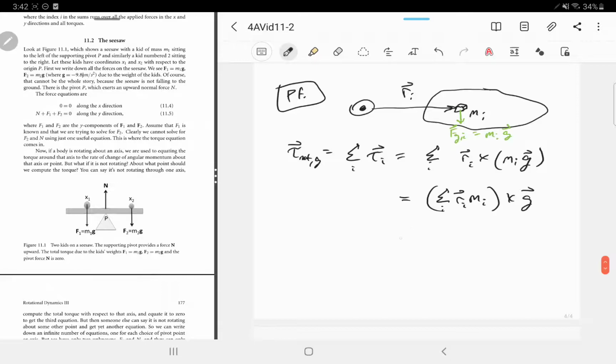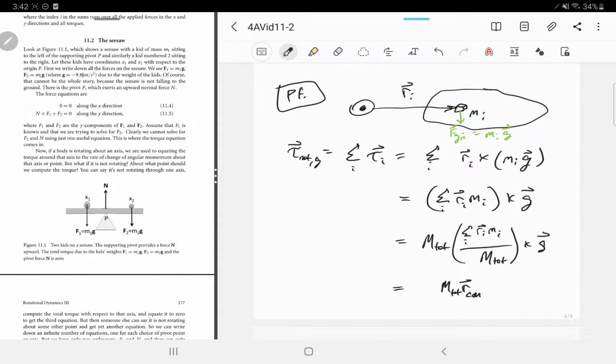Now, if I multiply and divide by the total mass, we have the sum of r sub i, m sub i over the total mass, times g. This right here is the center of mass location.